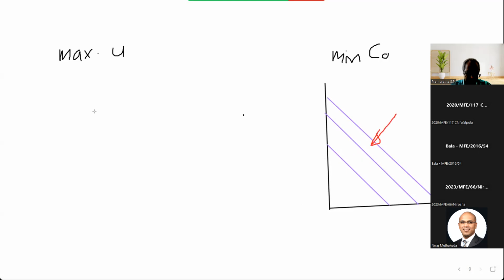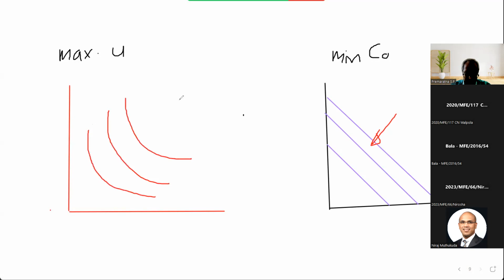Or maybe with some goods, some people try to maximize utility, which means you try to move higher on the indifference curve, in this direction. Now look at this: when you try to maximize utility, you are not free to do that. You have a constraint.